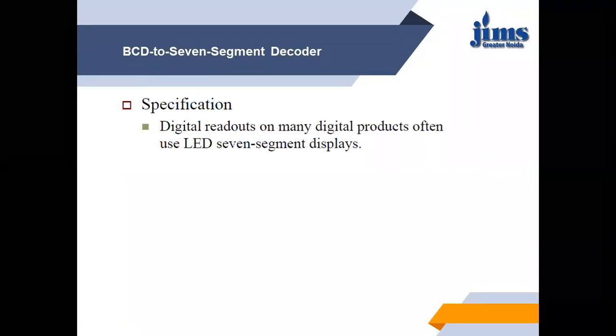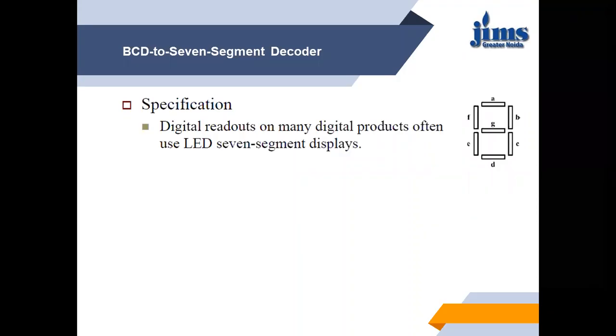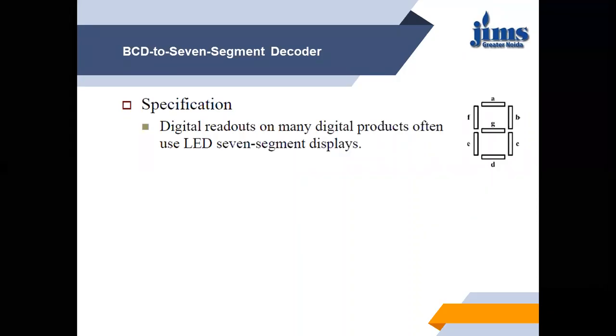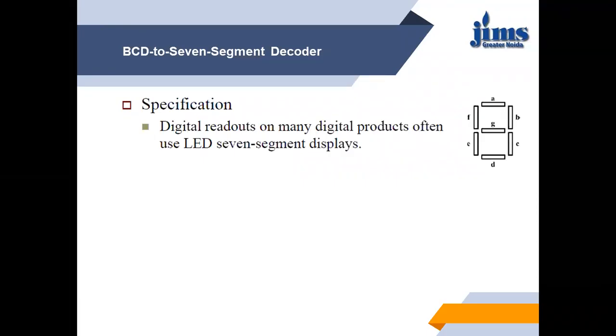So the specification is that digital readouts on many digital products often use LED 7 segment displays. It looks like this. It has 7 segments: A, B, C, D, E, F, and G. These are the 7 segments. That's why we say BCD to 7 segment decoder. The input will always be a BCD number 0 to 9, and the display will be a 7 segment display.